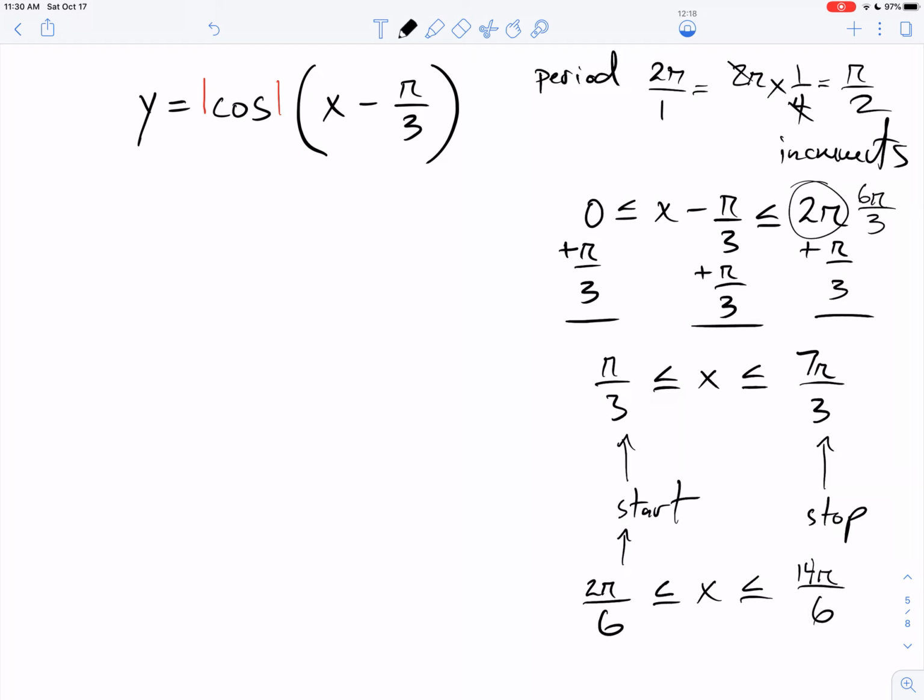Now, of course, if I have to mark stuff off on my graph, I'm going to reduce numbers. But what I'm trying to say is that my increments I could count off as 3 pi sixths. And then all I have to do is count.